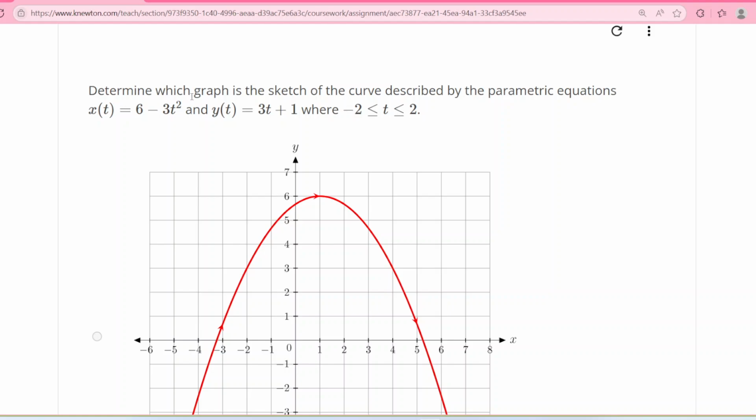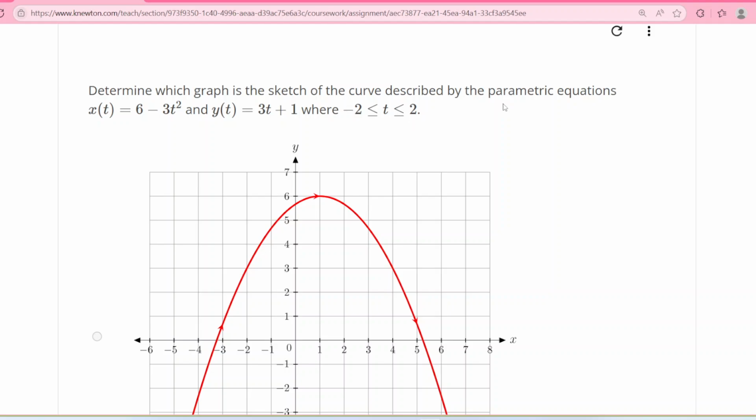So we're asked to determine which graph is the sketch of the curve described by the parametric equations where x of t is 6 minus 3t squared and y of t is 3t plus 1, where t ranges from -2 to +2 inclusive.